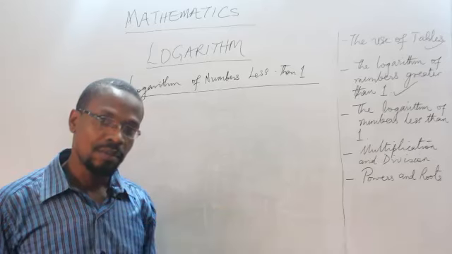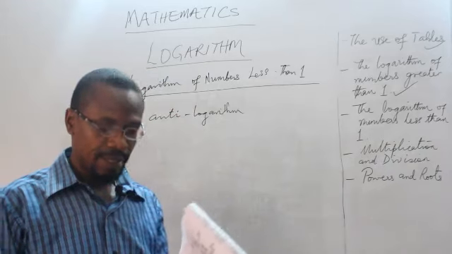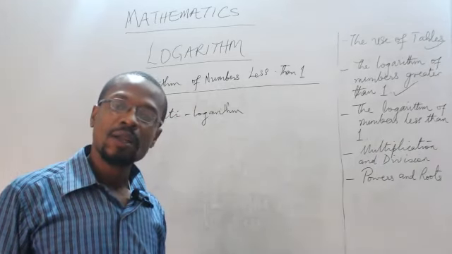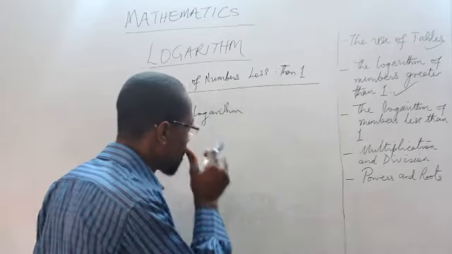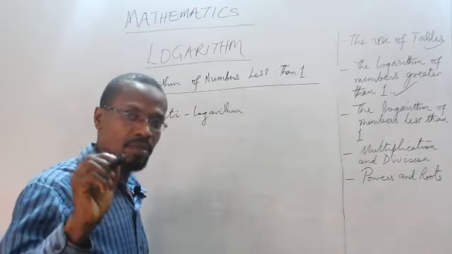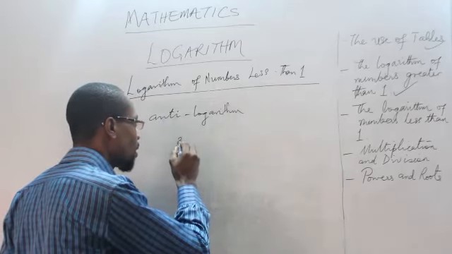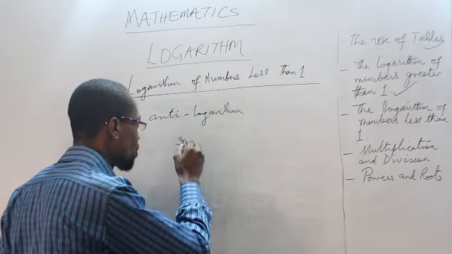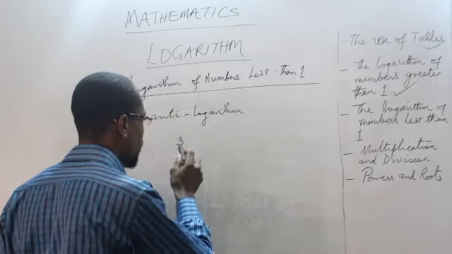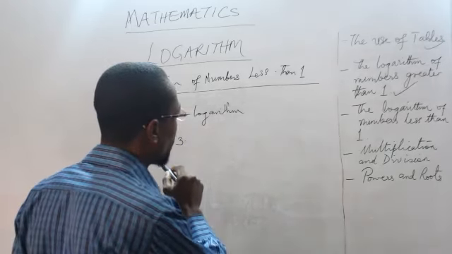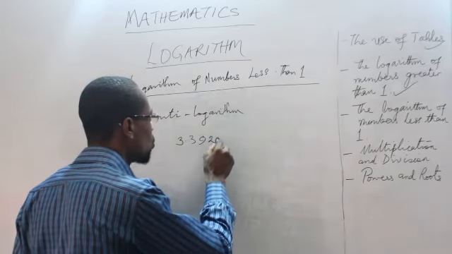Now, in anti-logarithm, that rule changes. So, if the characteristic of a logarithm, for instance, was 2, let us consider the last example we did, which was 3.3923.